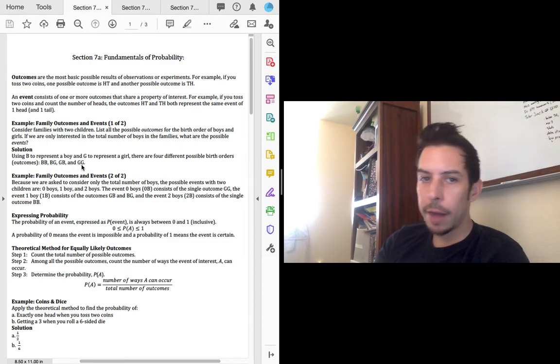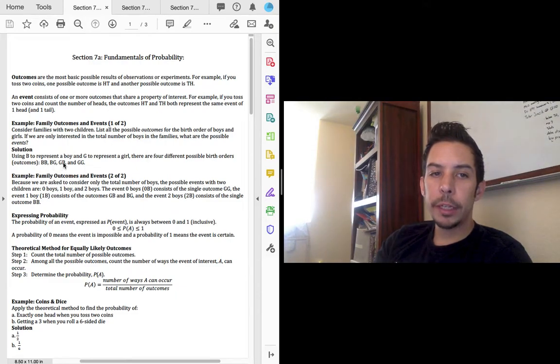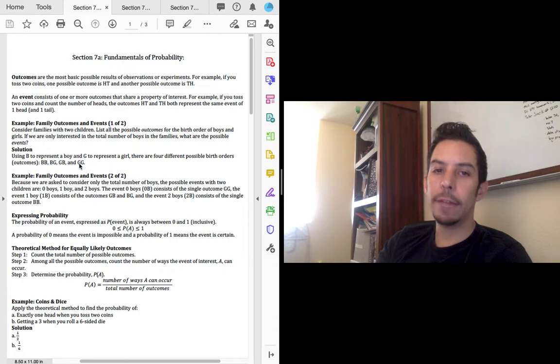But suppose I define an event to say, I want to count how many boys I had. Well, now I'm looking at the number of boys, and these four different outcomes can actually be broken up into three unique events. The first event is, what if I get no boys? The second event could be, what if I get one boy?